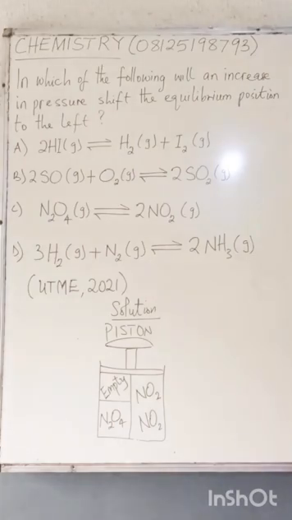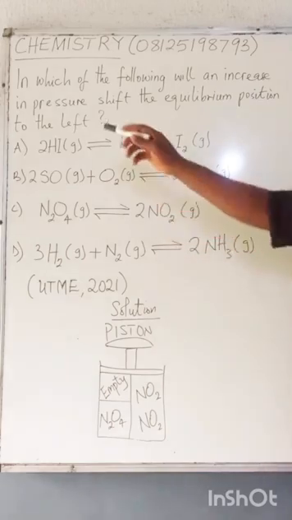Do you understand? Now, in a similar way, there must be at least one gaseous species in a particular chemical equation for pressure to affect the equilibrium position of that reaction.